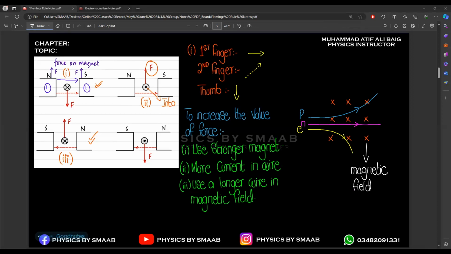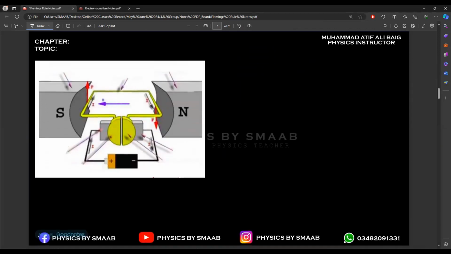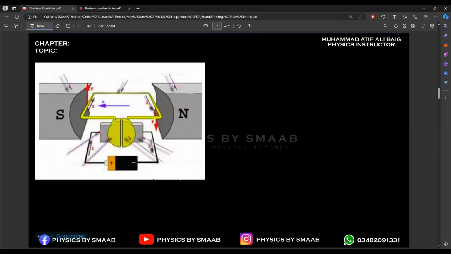Because today we are not able to complete the concept of the DC motor. In application, the DC motor is the application of this electromagnetism. And in the DC motor, you can see it is also the same setup.